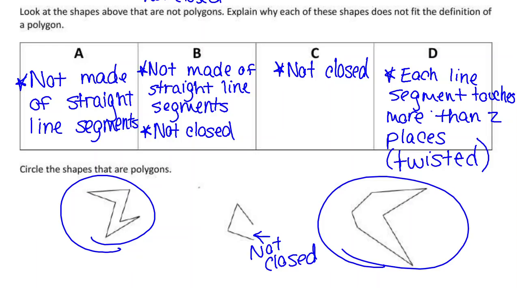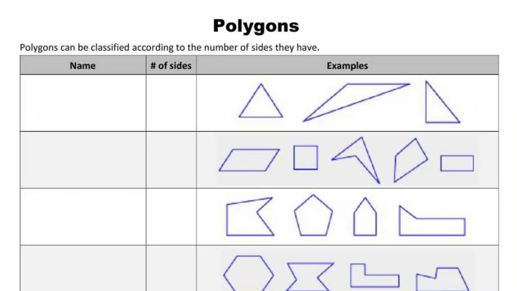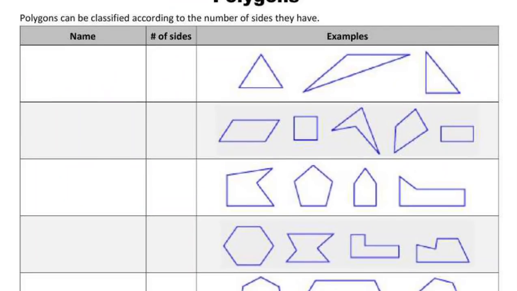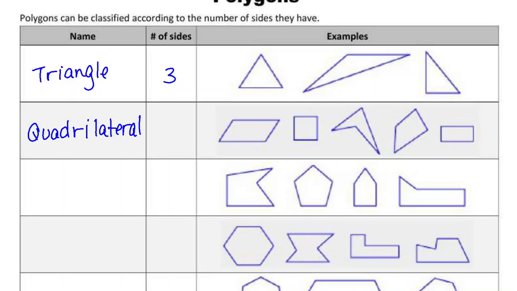Now let's talk about a different type of polygon. The polygons in the first row are the triangles, and they have three sides. The next one is a quadrilateral, and they have four sides.